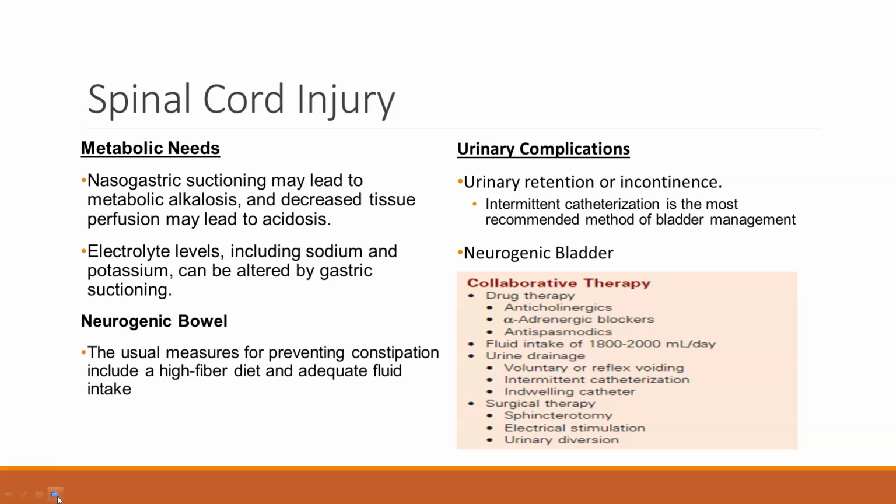We've talked about neurogenic bowel. With constipation, we want to make sure that we're including a high fiber diet, adequate fluid intake. And again, our urinary complications, we talked about making sure that we are using intermittent catheterization if possible. And just looking at the overall collaborative care.